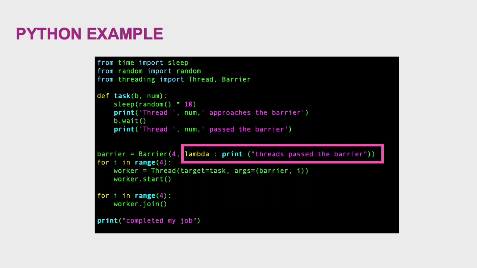So let's see what happens now if we run this application, and let's try to understand when the lambda is run and what actually happens in our application.